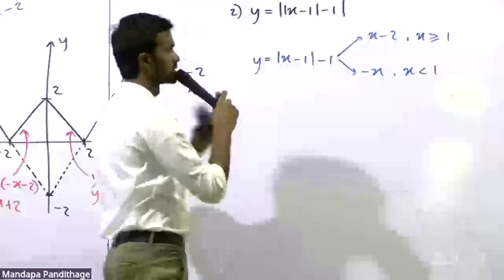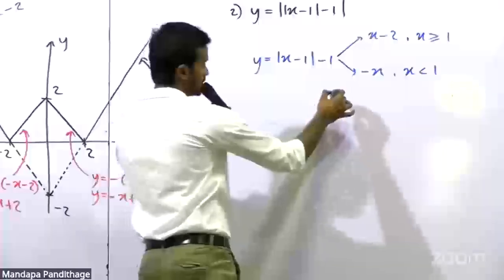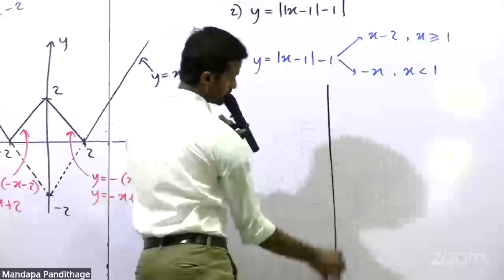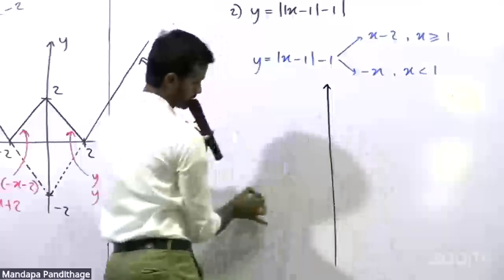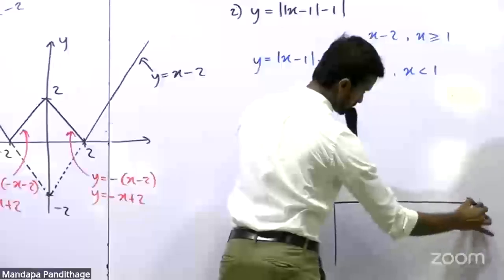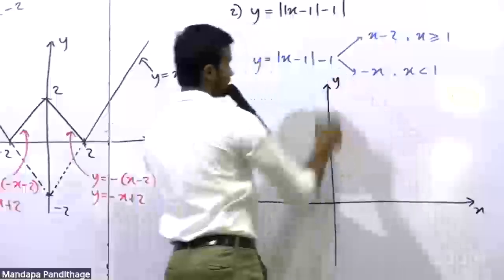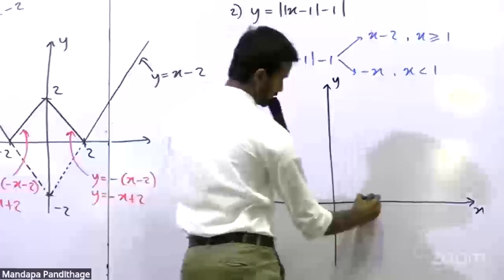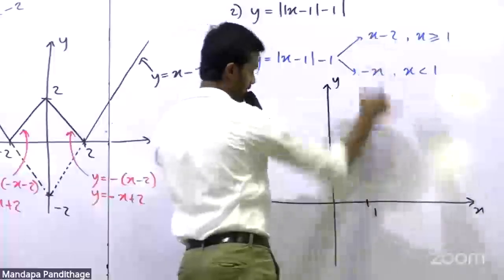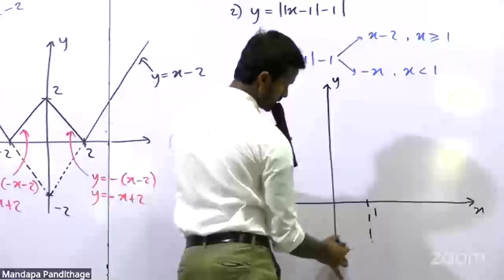Silence, can't talk. So when you draw these two, it's x equals 1. Find the turning point. When x equals 1, it's minus 1.